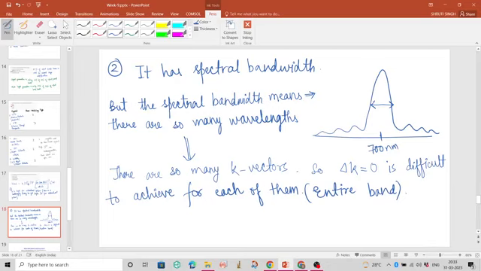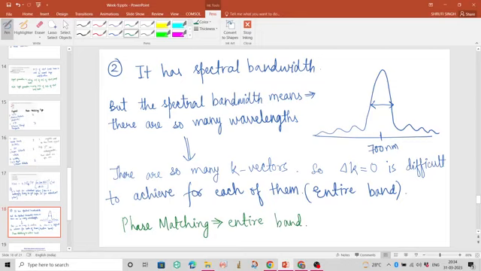We need to get phase matching conditions satisfied for each wavelength. That is, phase matching should be satisfied for the entire band.